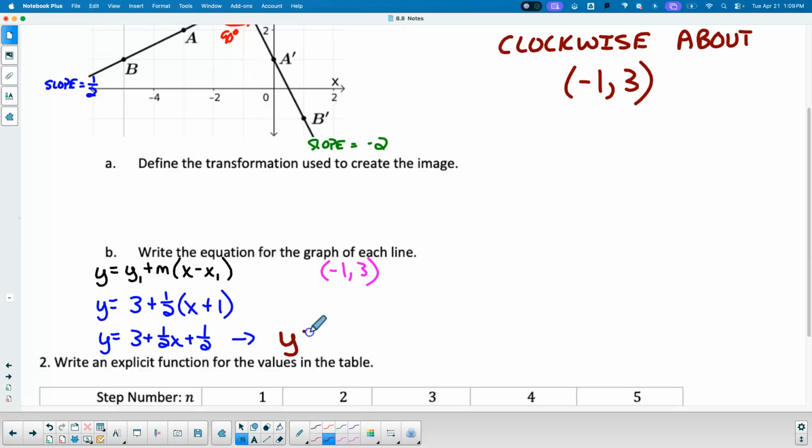So I get y equals 1/2 x plus 7/2. Agree with me on that?